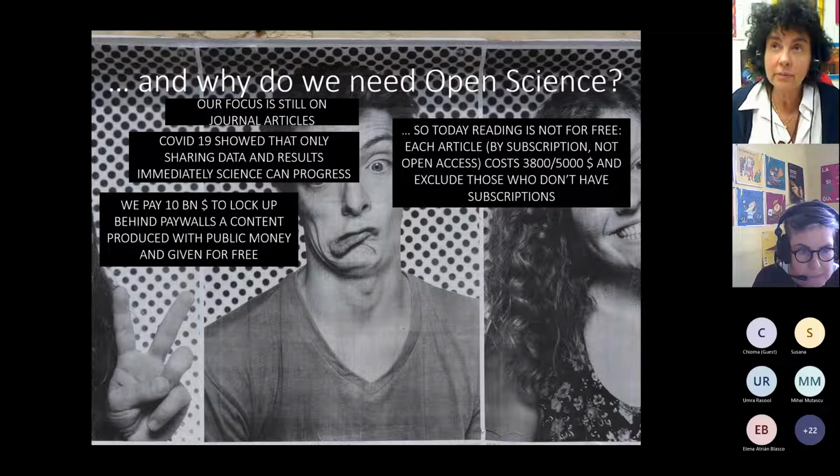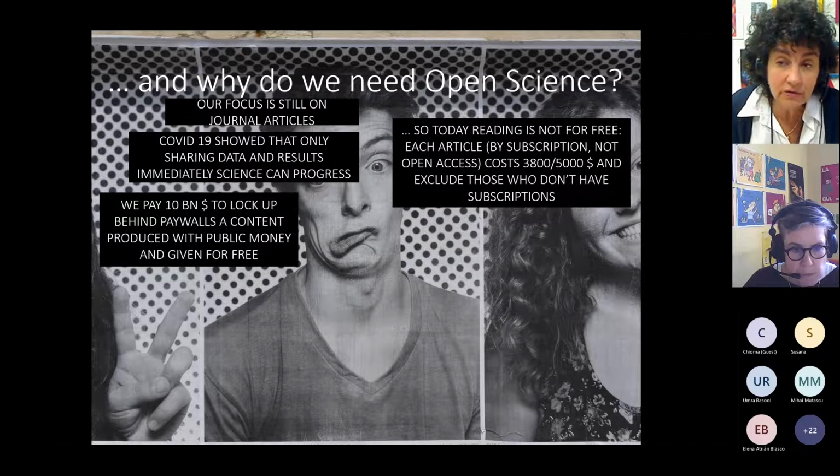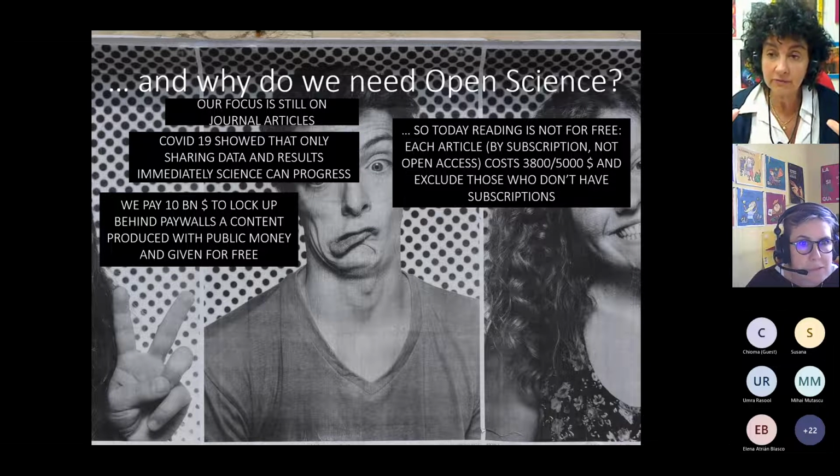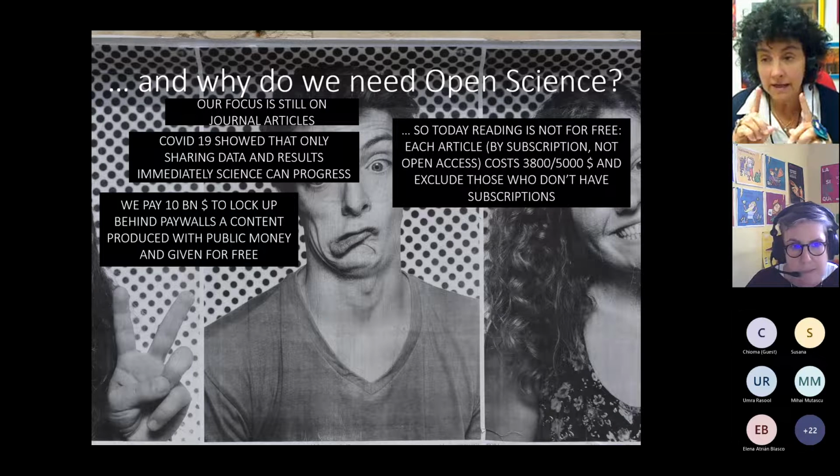So this is a very important message. Today, reading is not for free. If you divide the total amount that we spend for subscriptions by the number of published articles, every article costs between $3,800 and $5,000. And I'm not discussing open access here. I'm not discussing article processing charges.